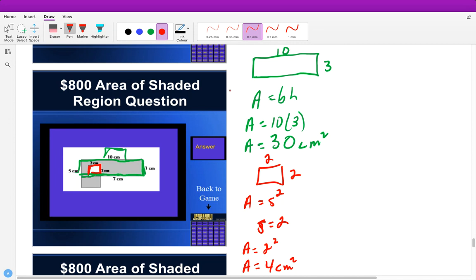Now remember, we're removing this piece. We're taking this out of this green area because it's not actually included in it. So off here to the top, I will do 30 minus 4, which means this green rectangle has an area of 26 centimeters squared. All of this here colored in.